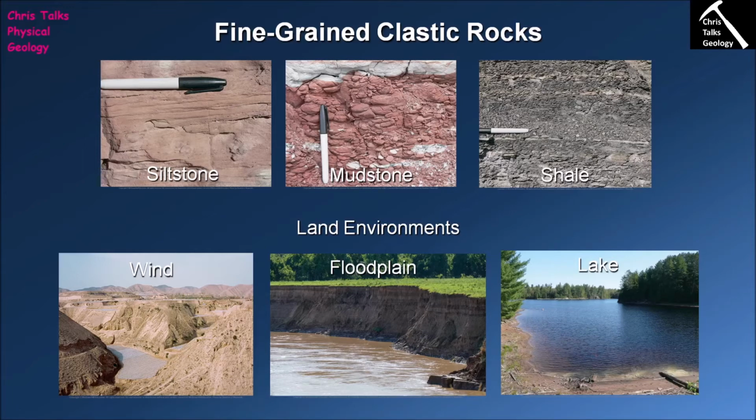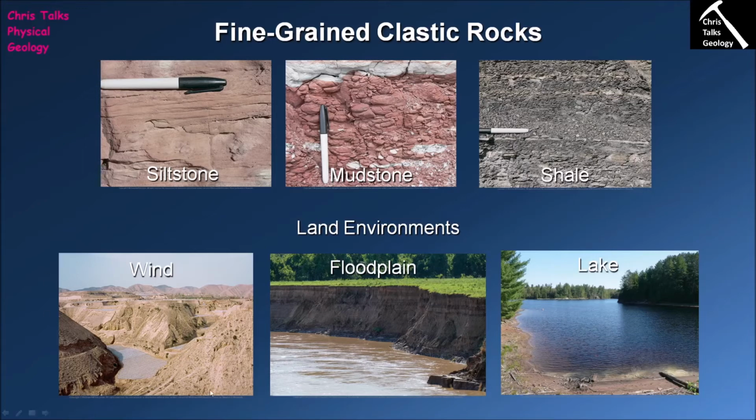Now, arguably the most common environment in which we find muds forming on the land is floodplains. And so obviously the floodplain is the flat area either side of a river, typically a meandering river. And the mud, or should I say the clay and the silt, comes from the river flooding. So we can see in this picture here that we have the river water right here, and you'll notice it has a murky brown colour to it. And this is because you have lots of silt and clay being held in suspension in the river water.